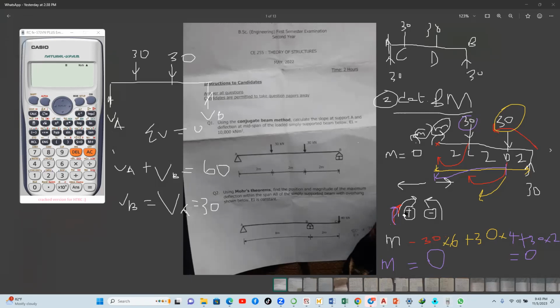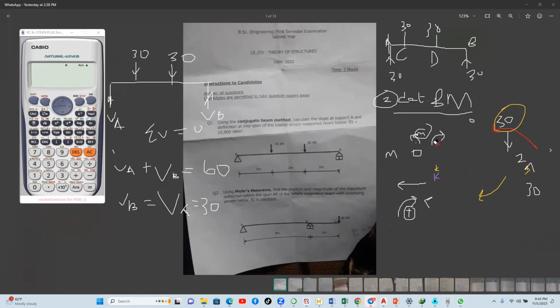So from here, I'll choose the left-hand side, since that will help my speed in the work process. Okay. So bending moment at A, as I said earlier, bending moment at A is equal to 0.